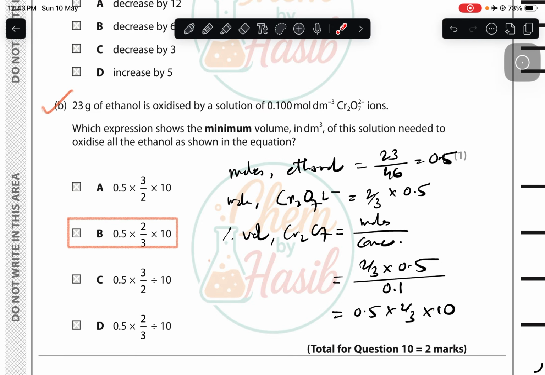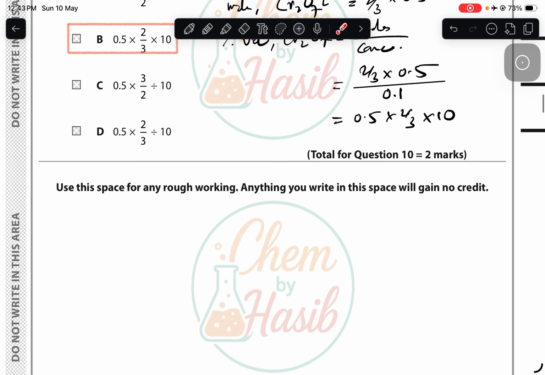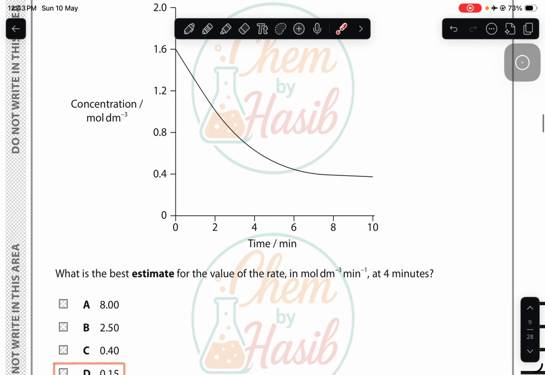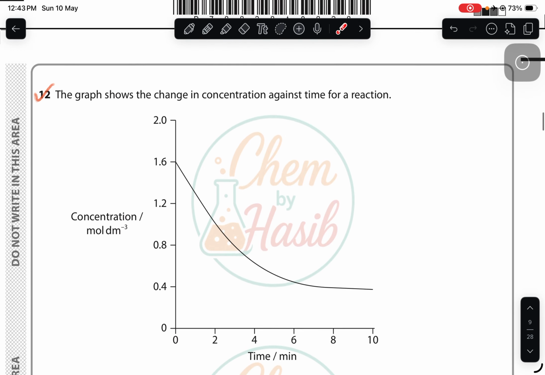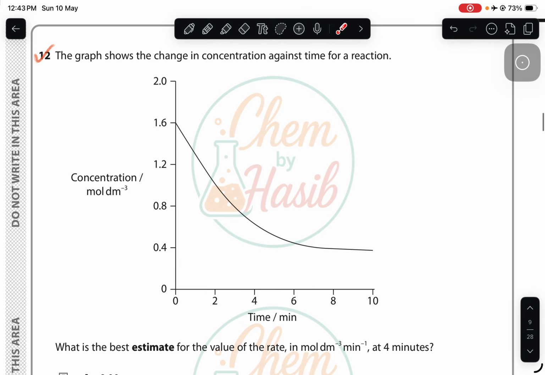So we move to the next question, which is question number 12. It says the best estimate. You have to find the best estimate for the value of the rate at 4 minutes. At 4 minutes, what you can do is you go to a time t equal to 4 minutes and draw a tangent at 4 minutes.